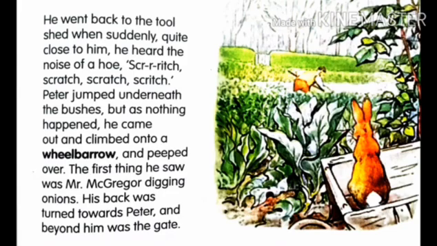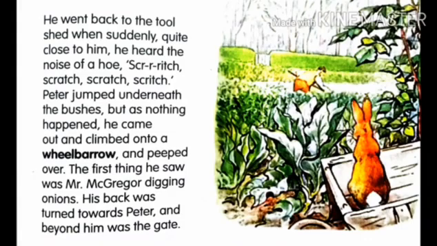The first thing he saw was Mr. McGregor digging onions. His back was turned towards Peter, and beyond him was the gate. Now when he climbed onto that wheelbarrow, from there he can observe. Can you see in the picture, children?